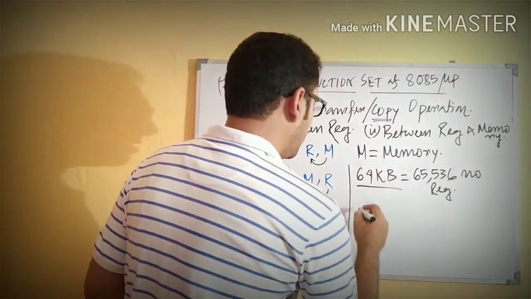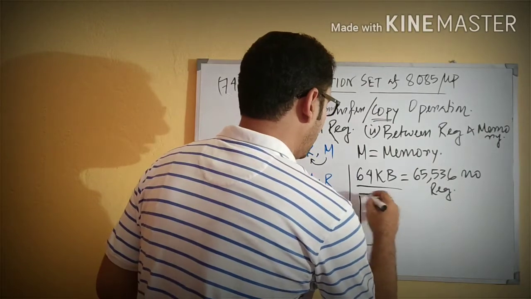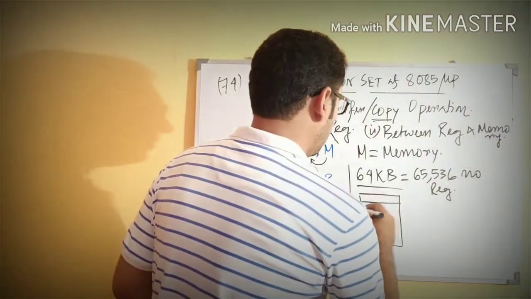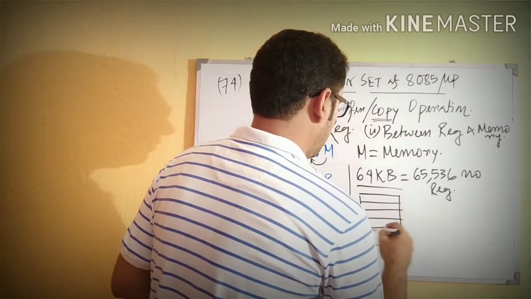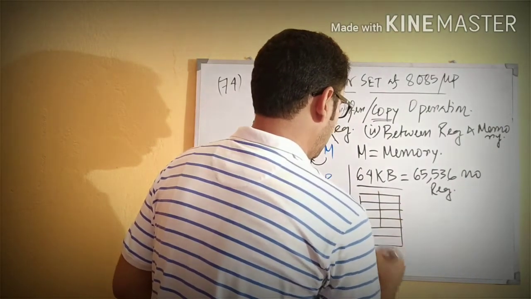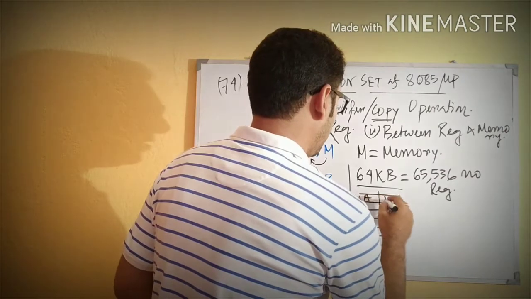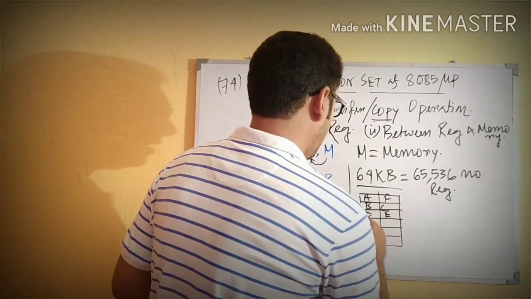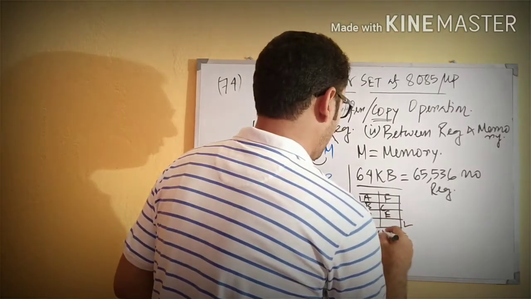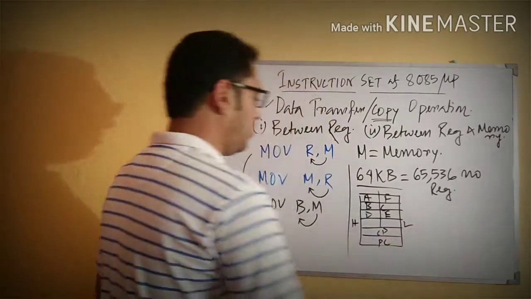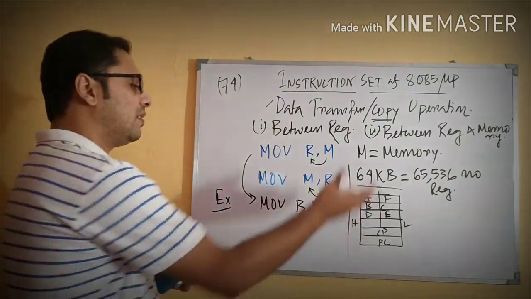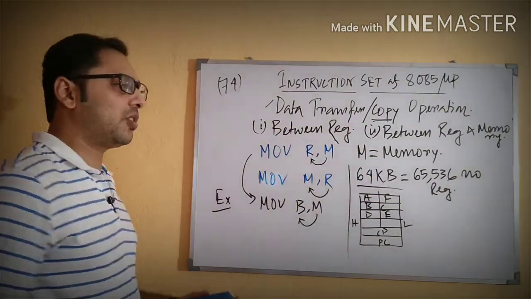Hopefully everyone knows the programming model. This is A, this is F, this is B, C, D, E, H and L, then stack pointer, then program counter. That is the programming model. Whenever we are discussing instructions, we need to remember this particular programming model.